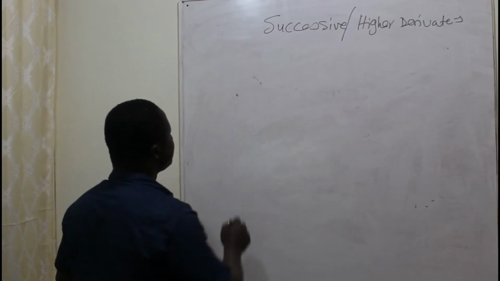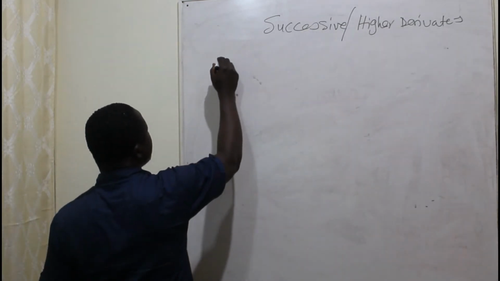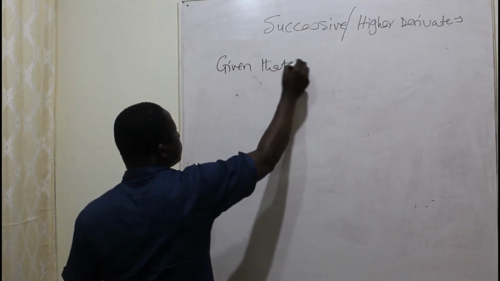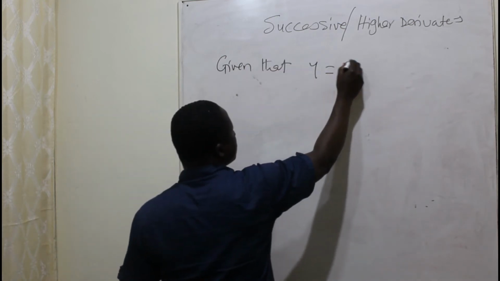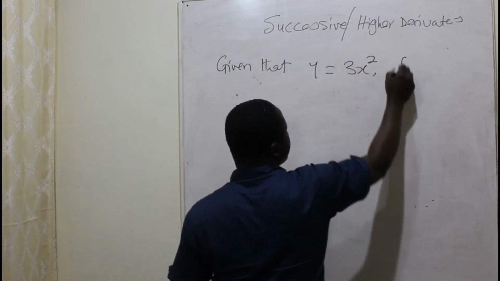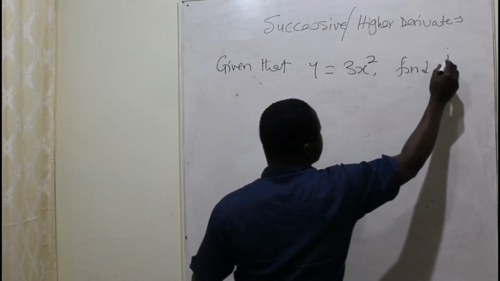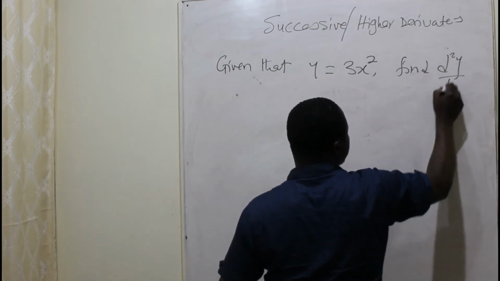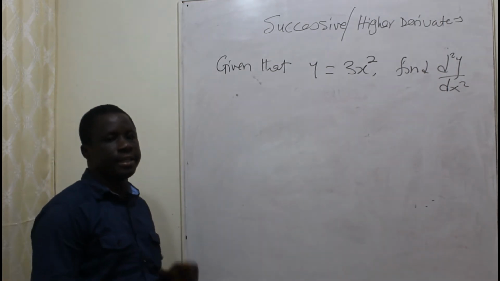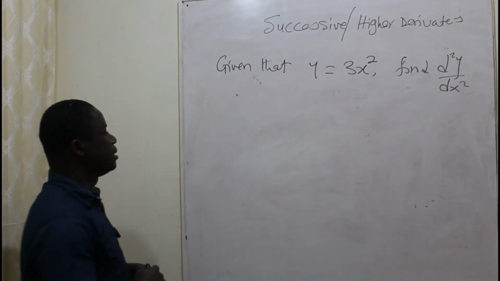Another example. Given that y equals 3x squared, find d squared y over dx squared. It means we have to differentiate the function twice.